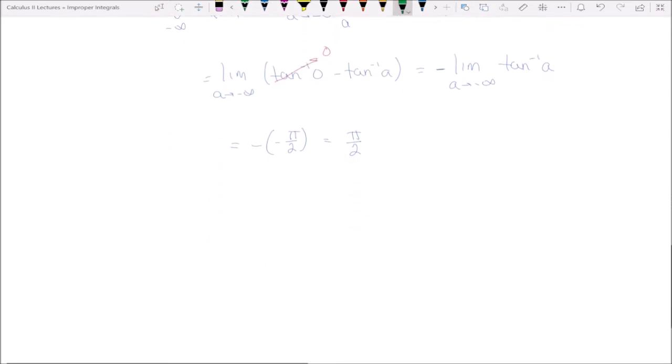So next, we want to look at the integral from 0 to infinity of dx over x squared plus 1. Now we get the limit as b approaches infinity of the integral 0 to b of dx over x squared plus 1. Well, that's going to give us the inverse tangent of x, now x goes 0 to b.